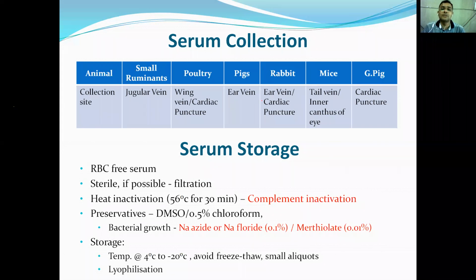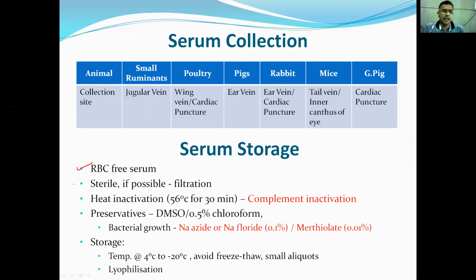And once you collect the serum, what precautions do you have to keep in mind? The first, try to collect the serum as much as possible, and it must be free from RBC. If RBC get lysed, then it may interfere in your subsequent procedure.